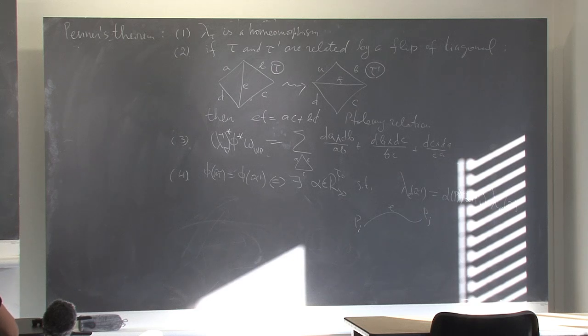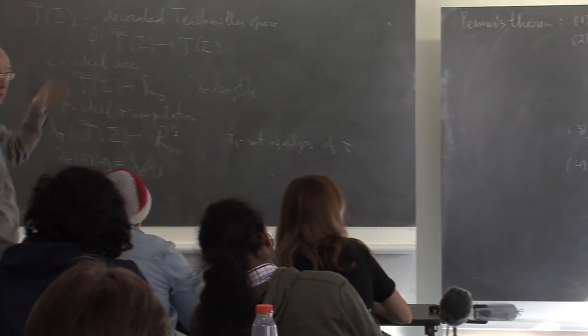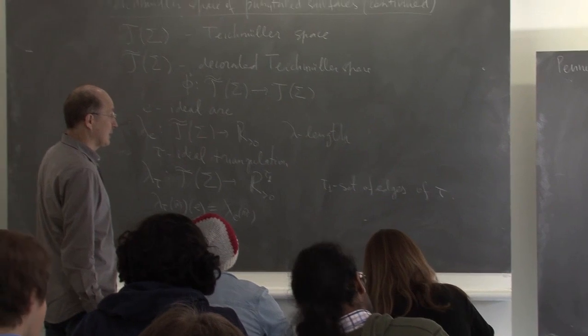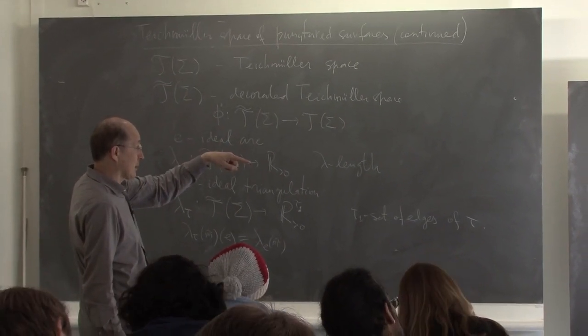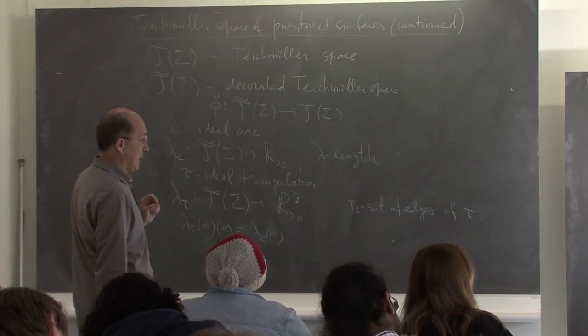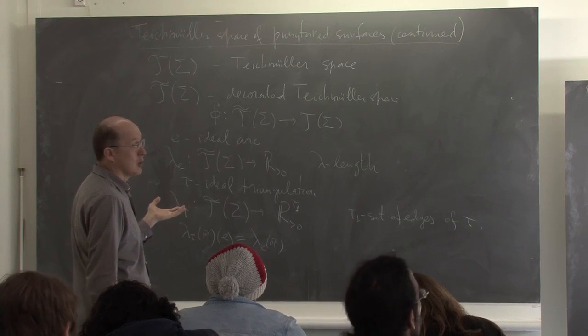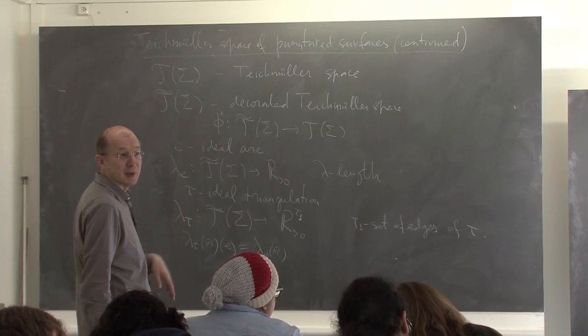We didn't prove the whole thing, but we outlined the essential parts. For example, the inverse of lambda tau has been described explicitly. On the basis of that inverse, part 2 was very easy. And for part 3, we don't know the Weil-Petersson form anyway, so we just accept the formula.